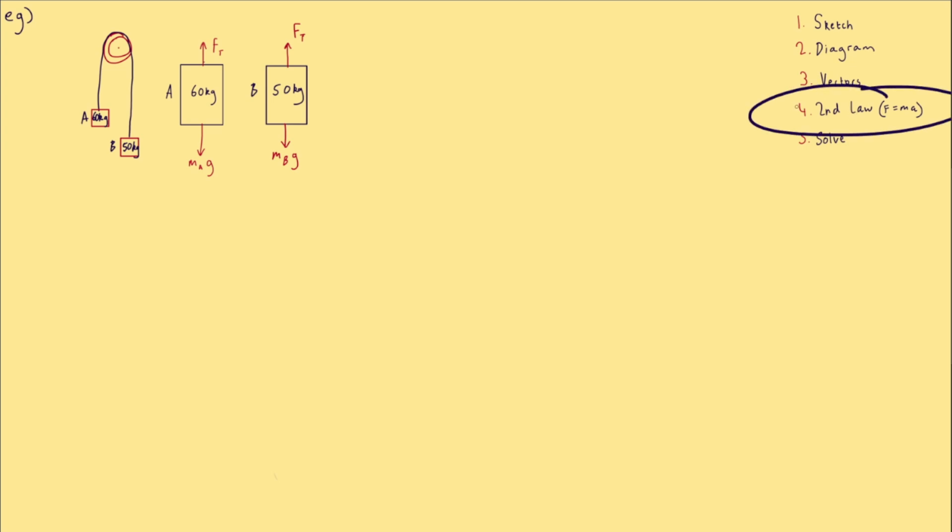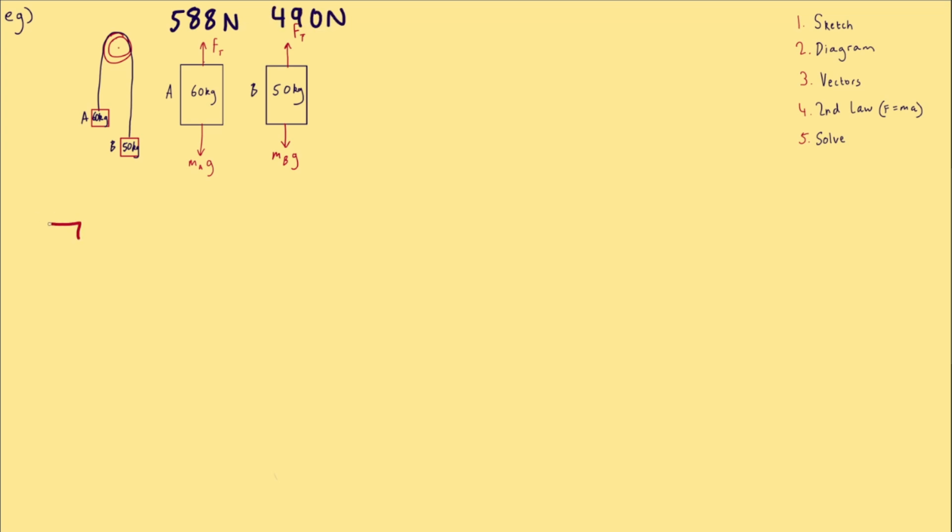Let's apply the second law one by one, starting with water bucket A. Now you might be rushing into applying the second law. I know, so exciting, right? But before we start, let's find the weight of these two water buckets because that's going to be useful later on. Multiply the mass and gravity, put it into a calculator, and you get 588 newtons for A and 490 newtons for B.